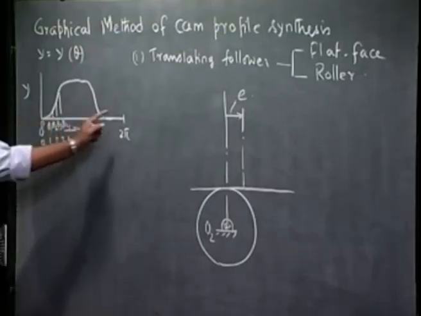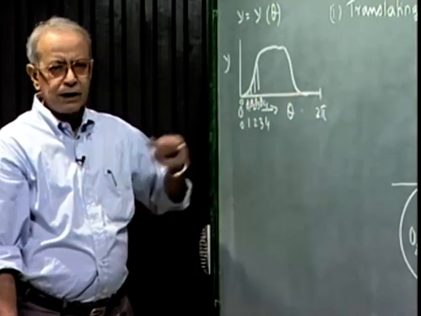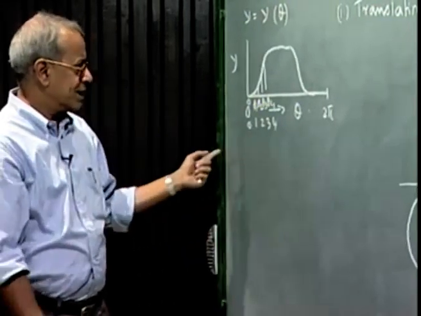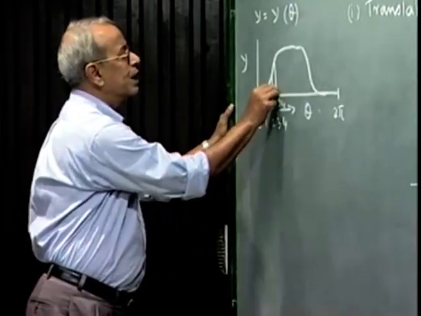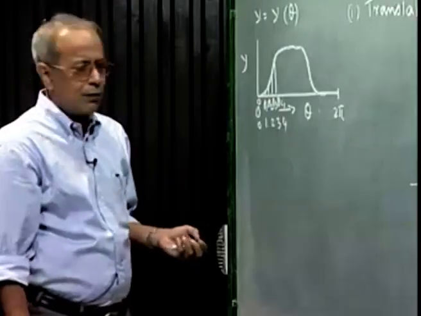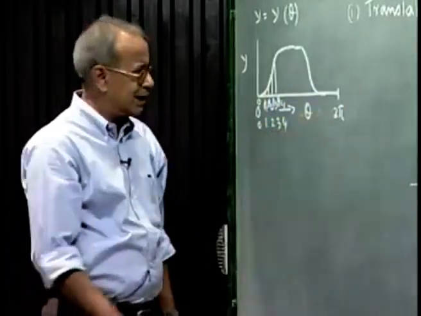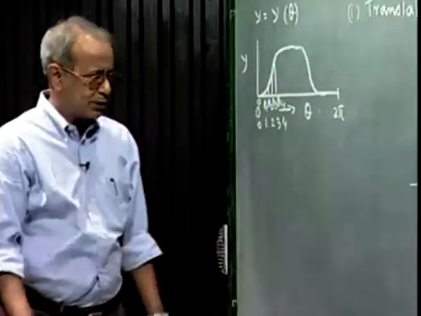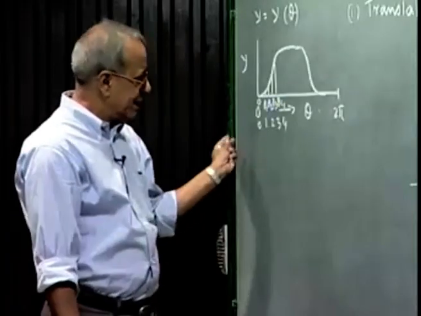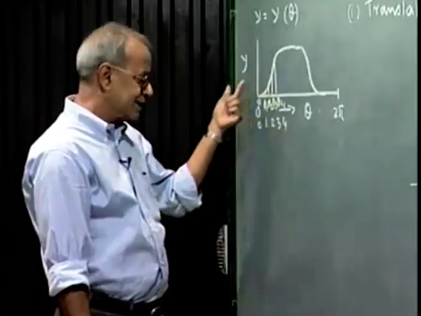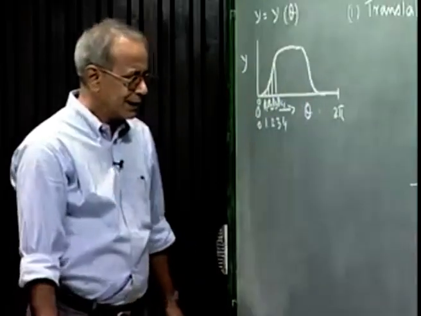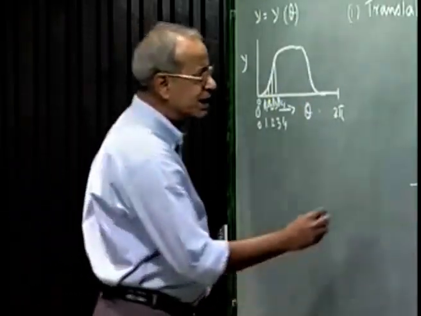How many divisions we take is the question, but obviously the more points we take, the more accurate our drawing will be. But we cannot take too many points because then it will be very time consuming. So, I will just illustrate by taking 2, 3 station points and the rest will be the same. It can be easily followed.